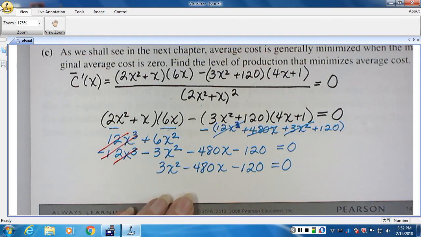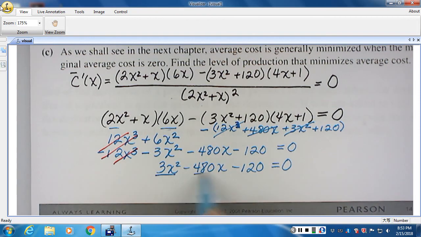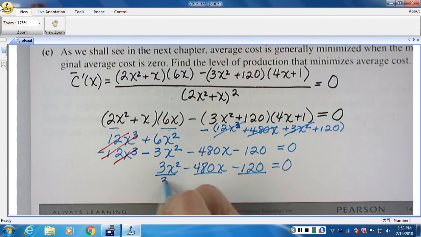That's a quadratic equation. I can solve it using the quadratic formula, but it would be ever so much easier if I first realized that I could divide every term by 3, so that I wouldn't have such large numbers to deal with.